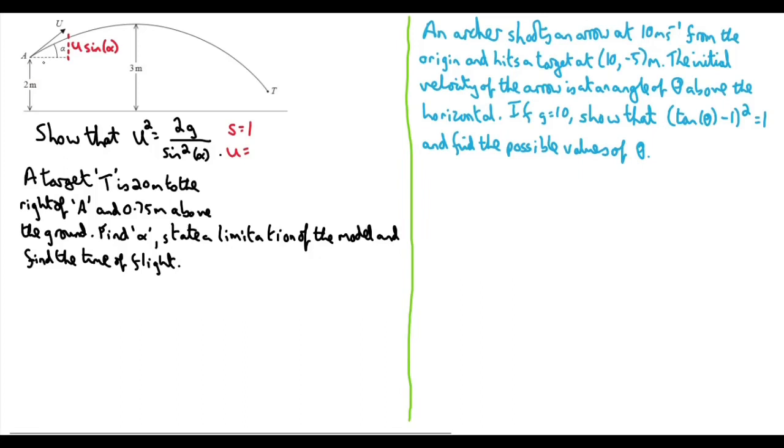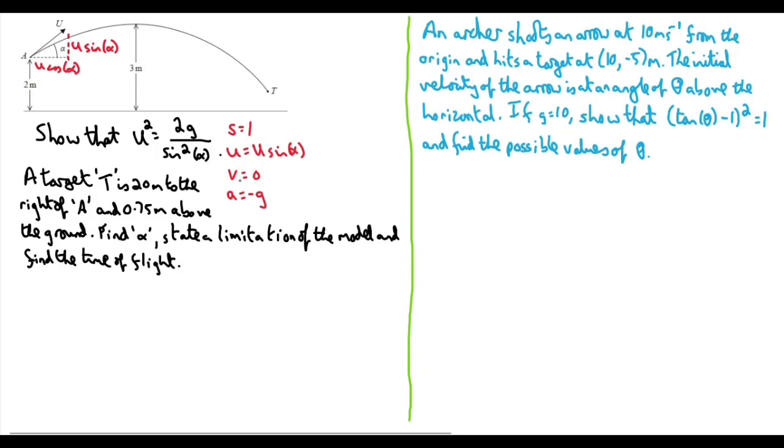Well, just might as well have it. This one will then be U cos alpha. So yes, the U sine alpha. V, because it's the greatest height, is going to be 0. And A, we can say, is going to be minus G. Usually, yes, we would be 9.8, but because the answer it wants to show is in terms of G, we might as well just leave it as that.